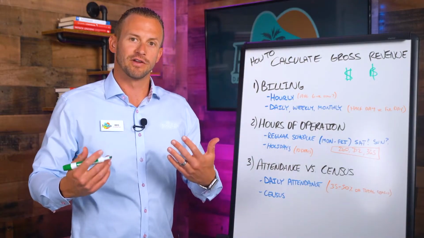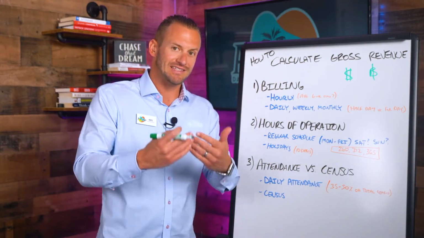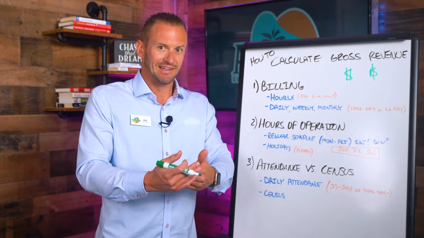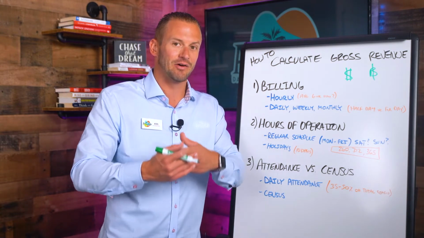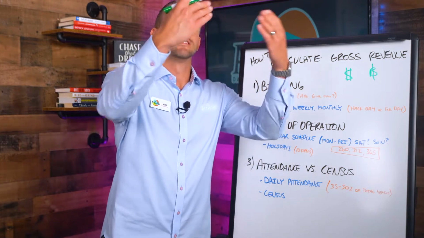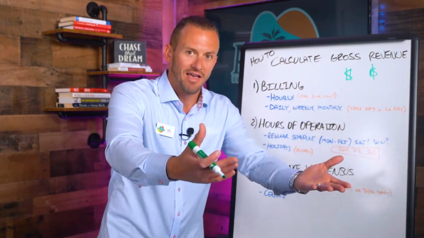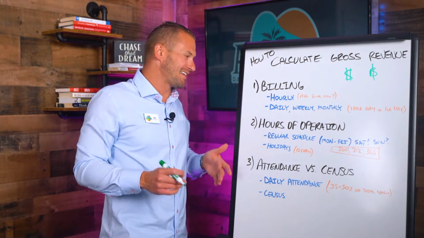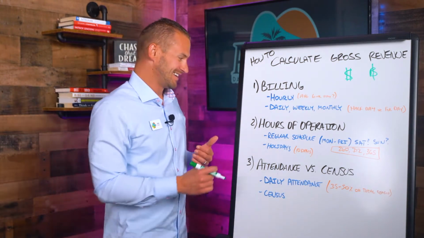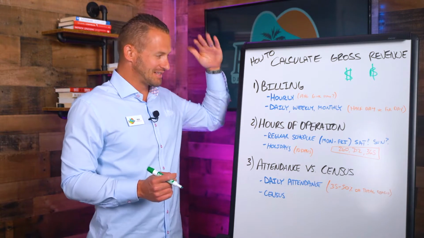Then you can start figuring out, if 10 people per day come and they spend 6 hours on average, and they're spending $15 an hour, that produces whatever the answer to that is. Do the math, you can figure this out. I'm trying to give you the breakdown of it.